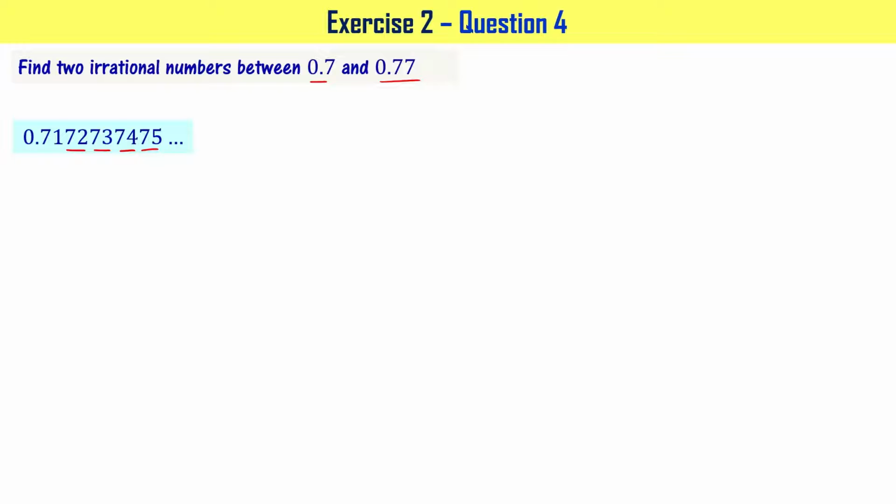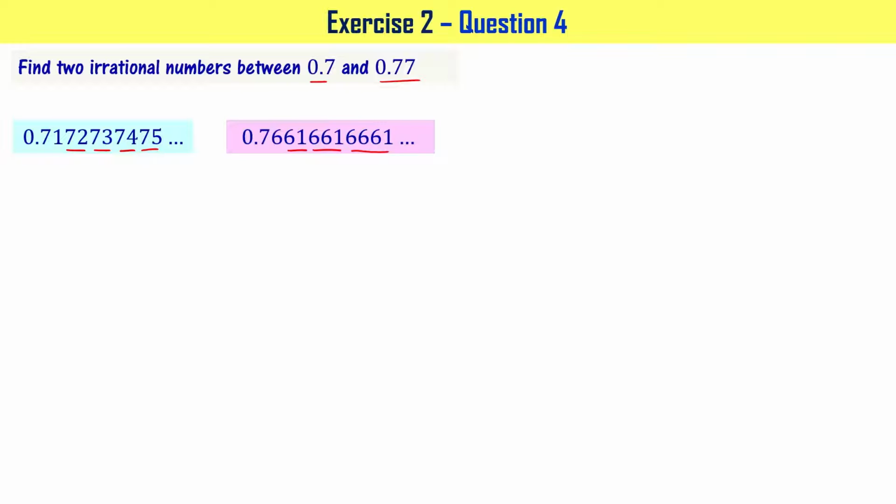So this is a non-terminating, non-recurring decimal. That's why it is an irrational number. I can write another number 0.76, 61, 661, 6661. Like that I can write 4 6s now and then put 1, then 5 6s and put 1.